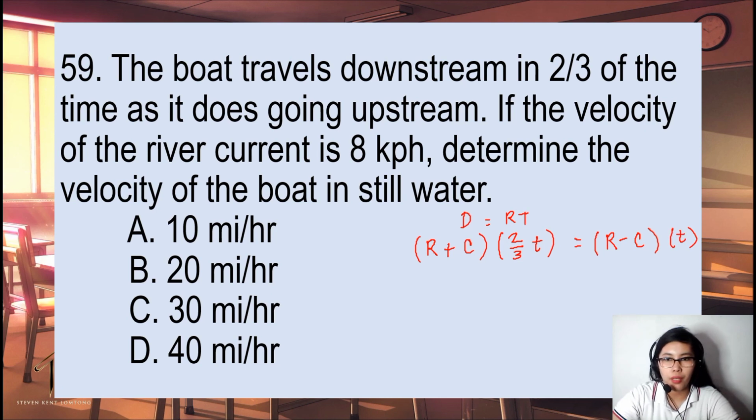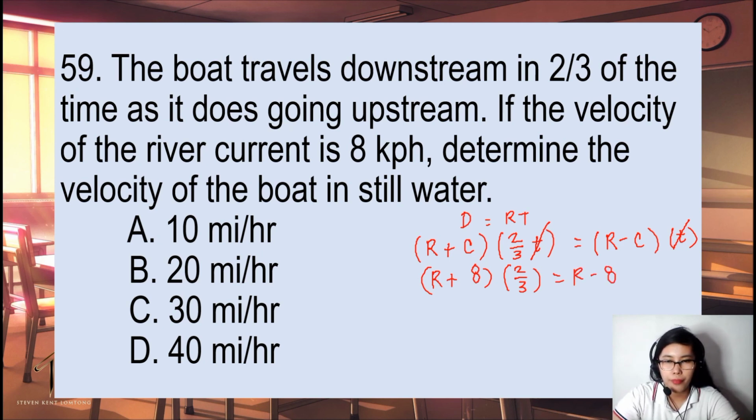Okay, so we can cancel the t here, and we have a given of 8 kilometers per hour for the current, or the letter C. So (R plus 8) multiplied by 2/3 equals R minus 8.